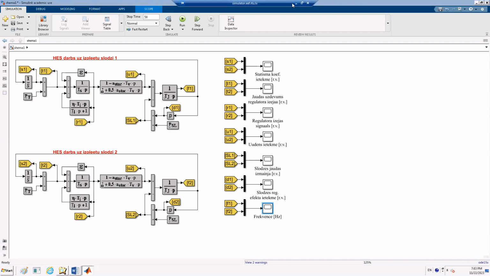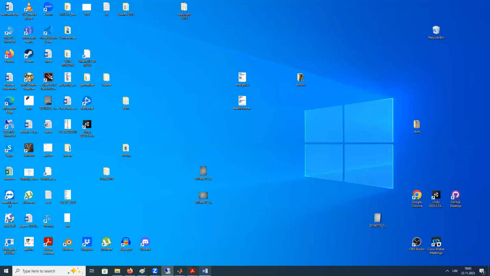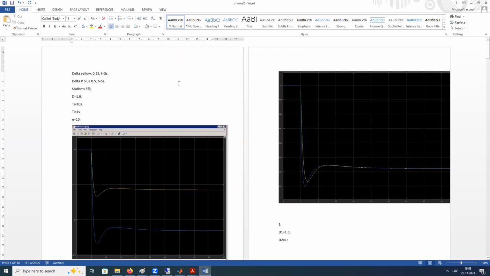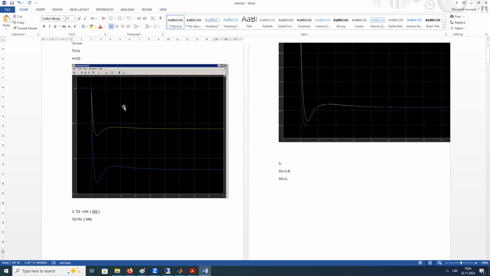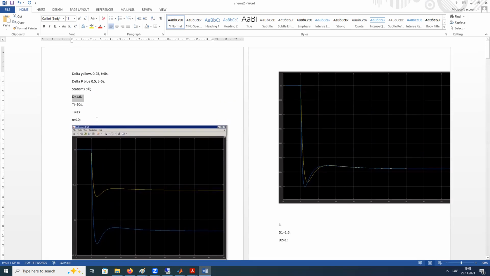Okay, sorry, I'll come back here to my Word document, and here you could see the parameters. For yellow, deficit is this one. For blue, delta P here, and all other parameters. And here you could go to the screen. This is the first screen.